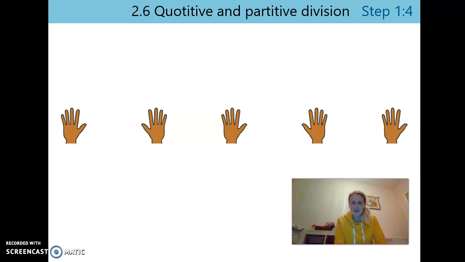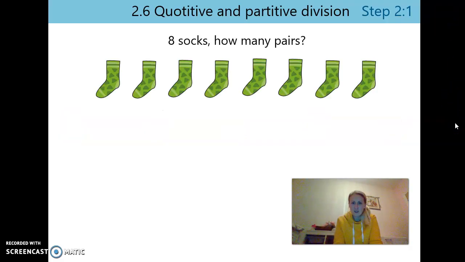Okay, let's have a look at this next one. There are 8 socks here. How many pairs can you make? What I want you to do now is to go in your house and find 8 socks, okay? I'm going to go find 8 socks as well.